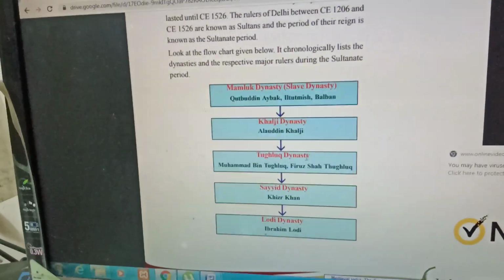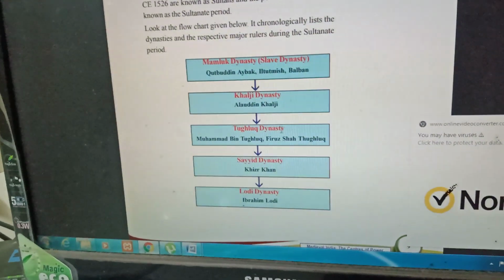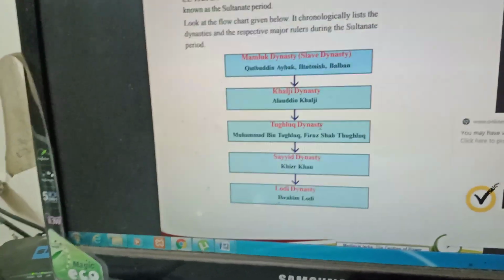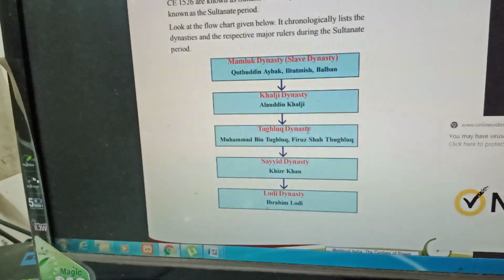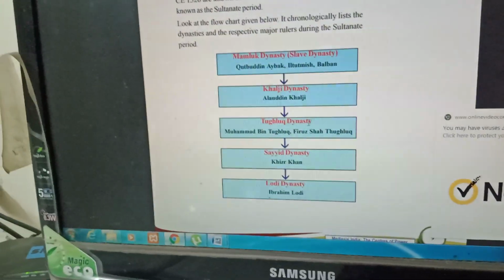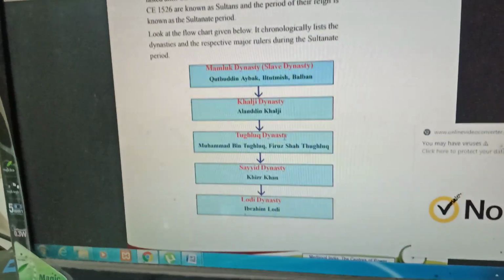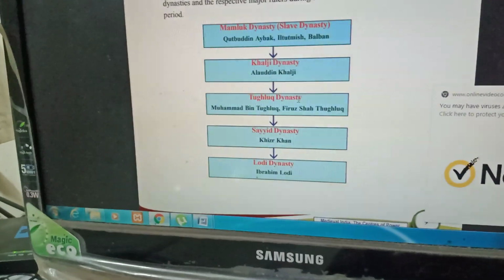After the Khilji dynasty, it was the Tughlaq dynasty. The period of reign was from 1320 till 1430. The prominent rulers were Muhammad bin Tughlaq and Firoz Shah Tughlaq.